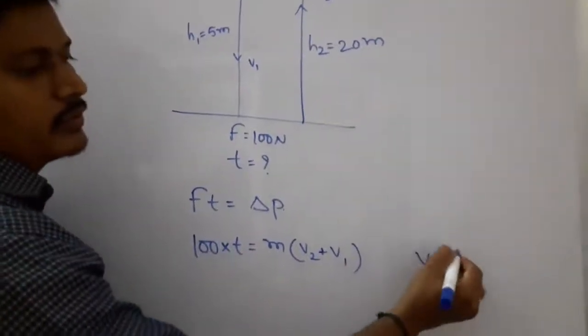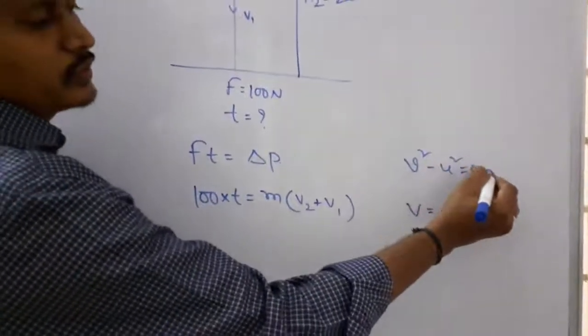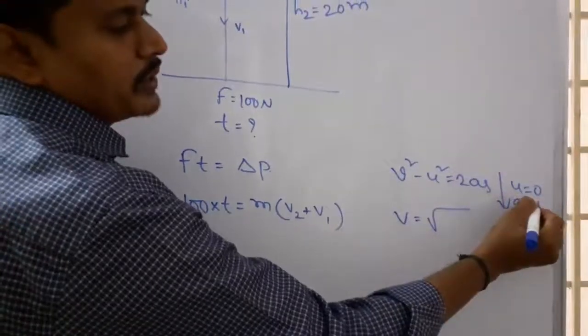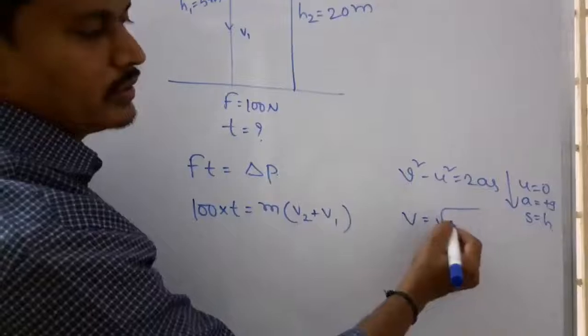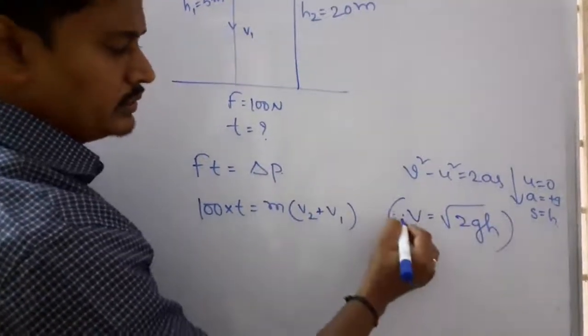According to the freely falling body equation, v square minus u square is equal to 2as. Here u is 0, a is equal to g, s is equal to h. Therefore v is equal to root over 2gh.